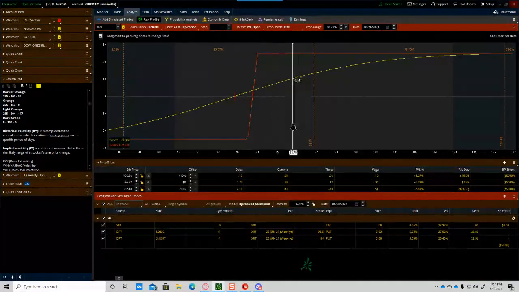And I will be profitable as long as we stay above 93.60, 93.75, something like that. If I don't move my mouse, we can see that I have a max profit of $25. And then if I come over here and I quit moving, we can see that I have a max loss of $25. It is a balanced trade, risking $1 to make $1.